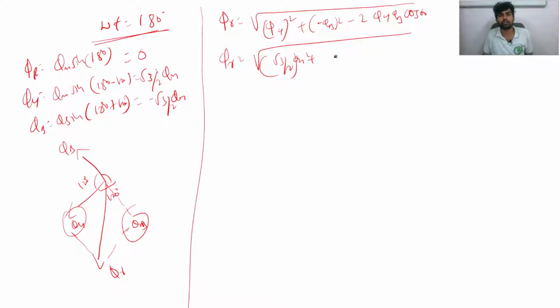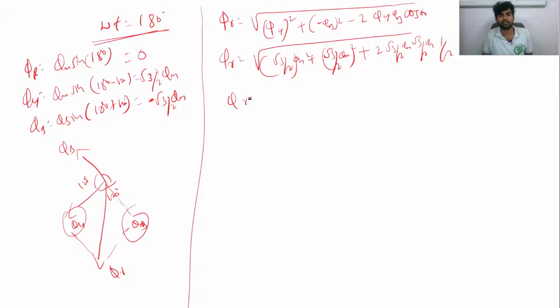Square root, it becomes plus 3 by 2 phi m square. Minus will be there here, phi y phi b. So phi y is root 3 by 2 phi m, phi b is minus root 3 by 2 phi m. So definitely you will get plus 2 times root 3 by 2 phi m and root 3 by 2 phi m, cos 60 is 1 by 2.